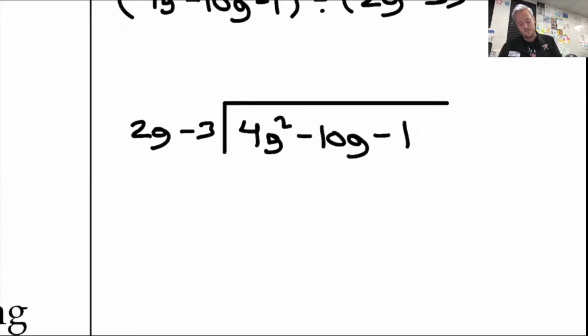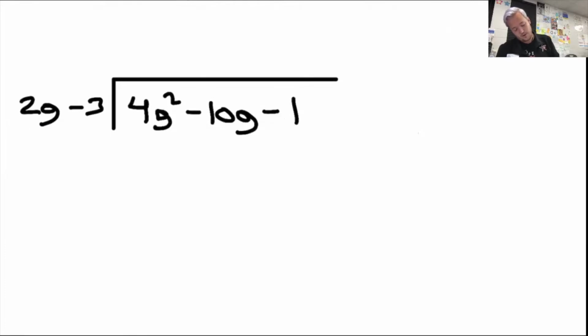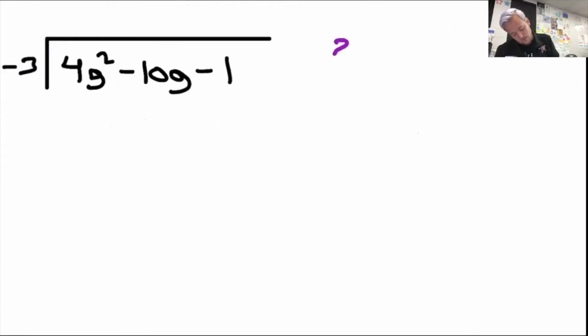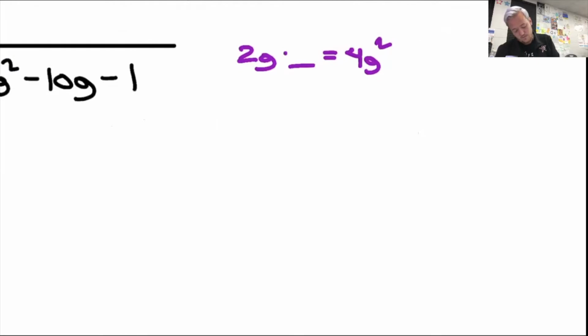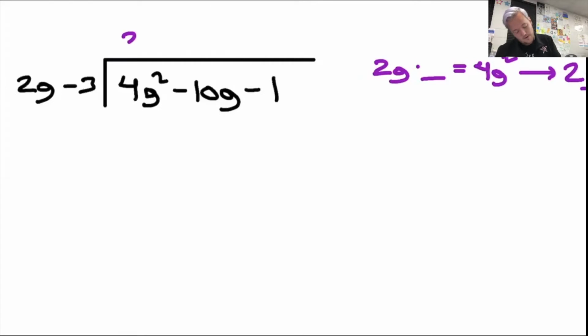For this one, once again, we're going to start with the leading term. So 2g times what gives you 4g squared? Well, that would be 2g. So that's going to be what you write up here.